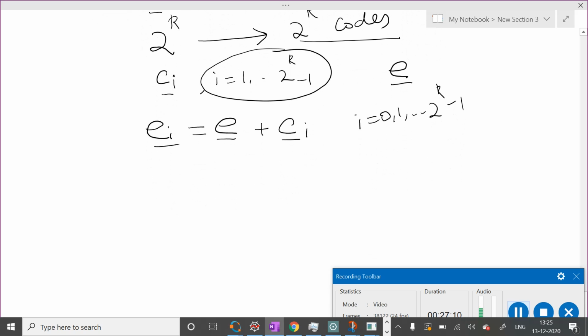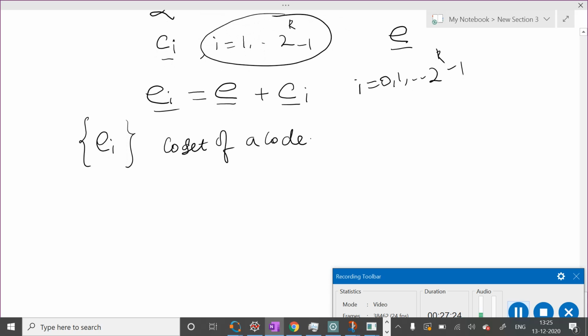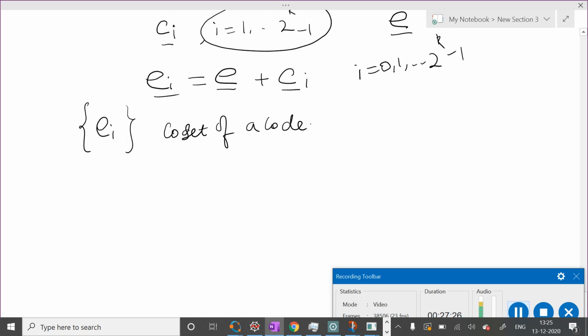Now you have a set of vectors Ei, and this is called a coset of a code. So the coset has exactly 2 to the power k elements. The elements differ at most by a code word, because Ei is equal to E plus Ci.